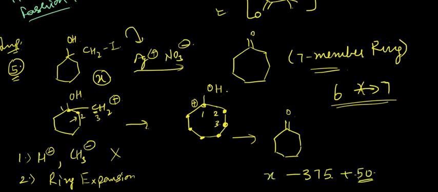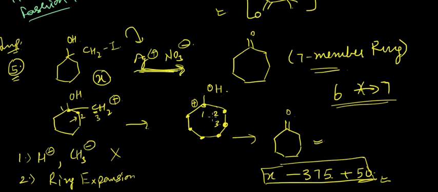Why plus 50? I'm just assuming that approximately 50 kilojoule per mole is required for the breaking of a 6-member ring and converting it into a 7-member ring. But still the bond energy is much higher than it was in the previous case, hence the reaction will go in the forward direction.